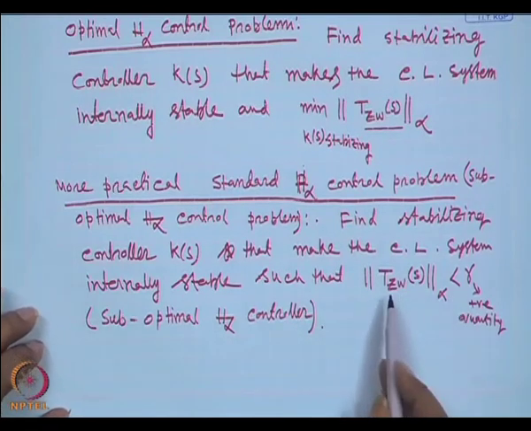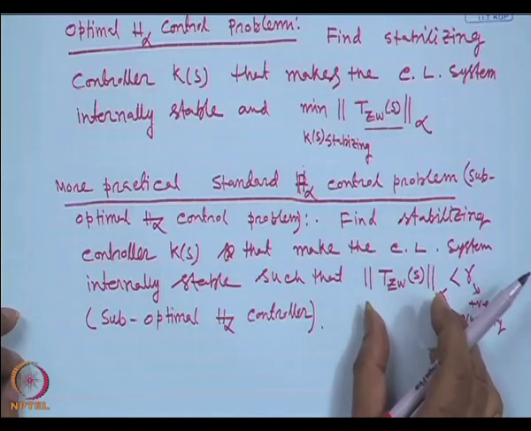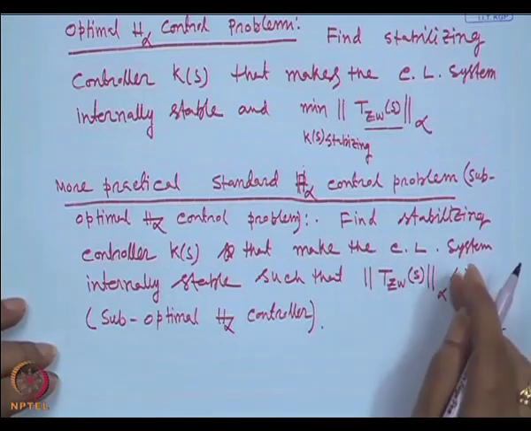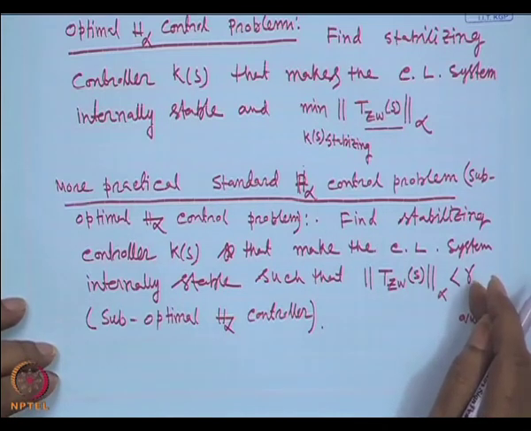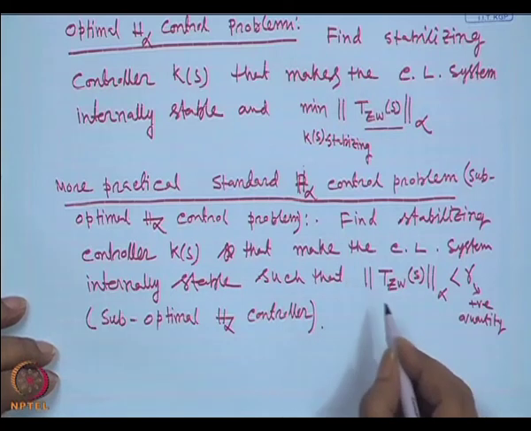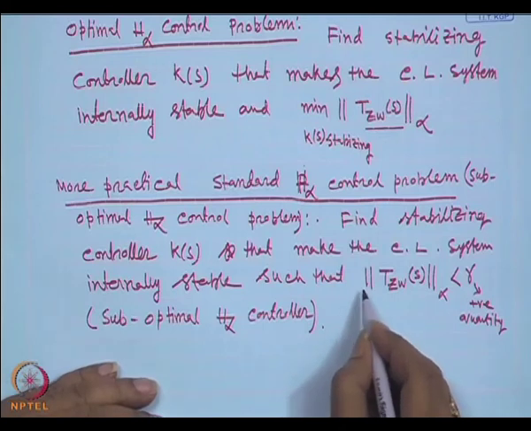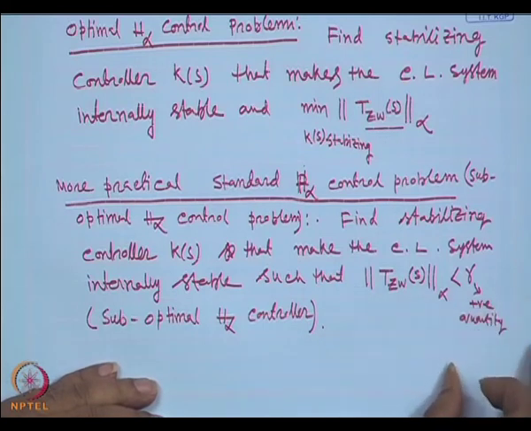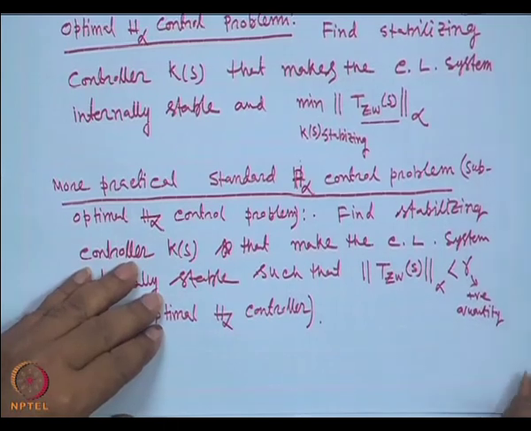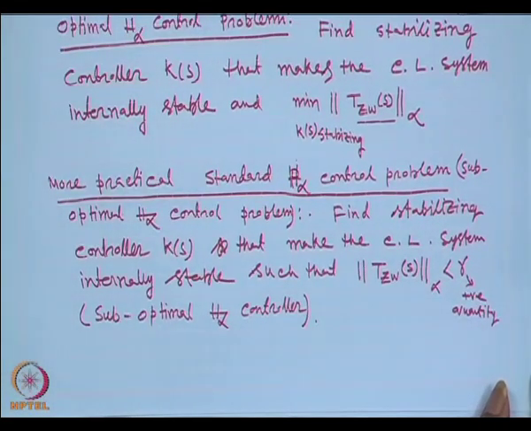Because I am not going to optimize this one, I am just requiring that the H infinity norm of this one will be less than some positive quantity gamma. So, you can write less than gamma. Now, next, what is this?